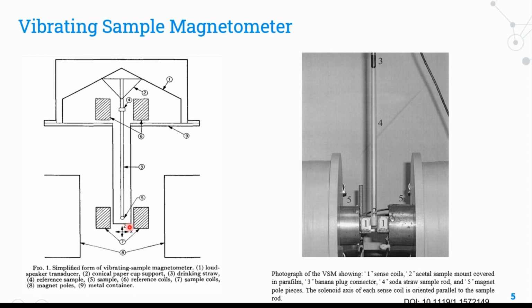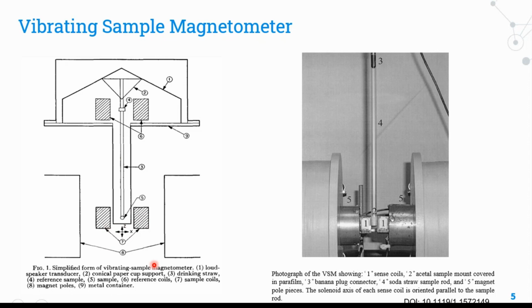Due to this magnetic flux change, these two pickup coils, number 7, will experience some induced EMF. As we know, induced EMF is proportional to the change in magnetic flux. If we measure this induced EMF, then we can easily understand the value of magnetization.